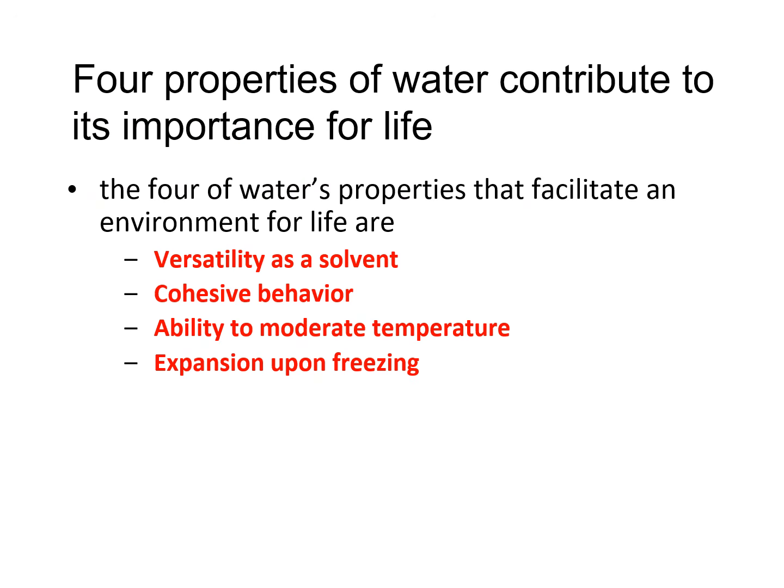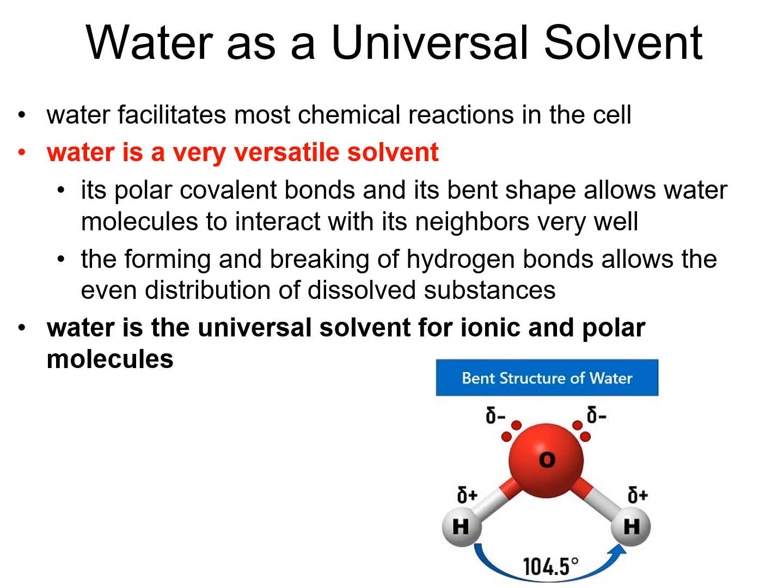Here are 4 of water's properties that facilitate an environment for life. And these 4 properties are water's versatility as a solvent, the cohesive behavior of water, the ability of water to moderate temperature, and the expansion of water upon freezing. Let's take a look at water being the universal solvent. Water facilitates most chemical reactions in a cell, so it's a very versatile solvent.